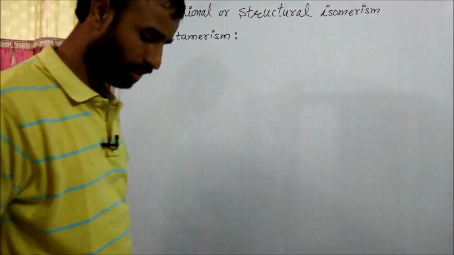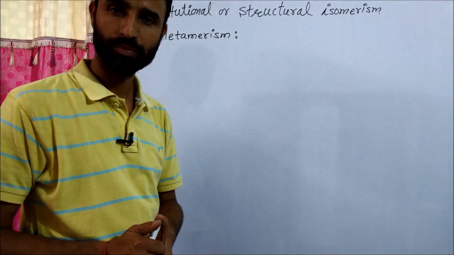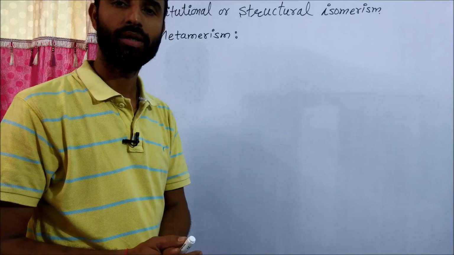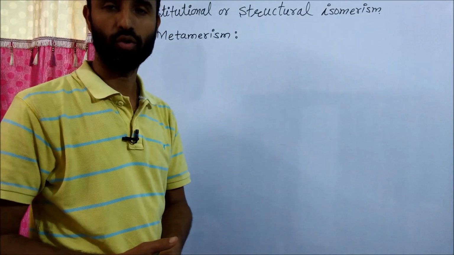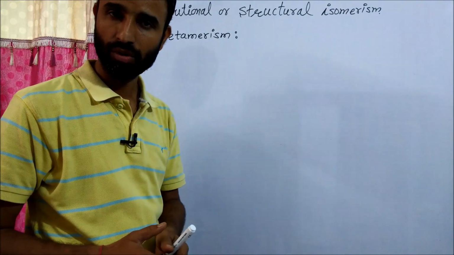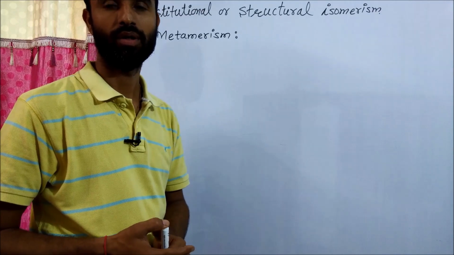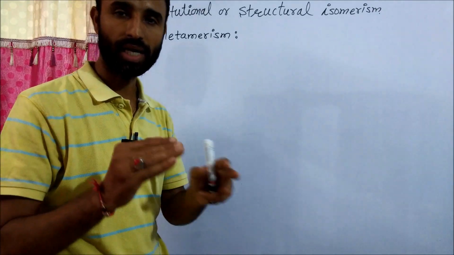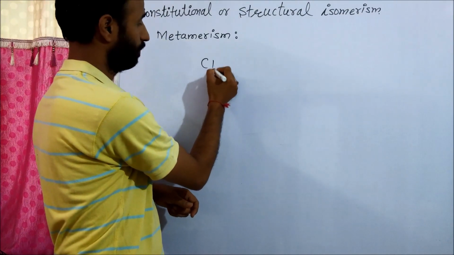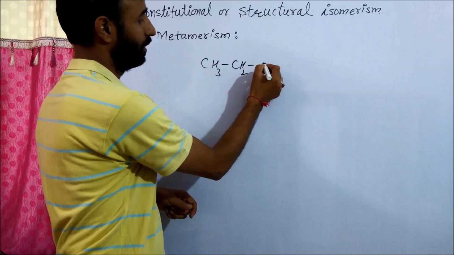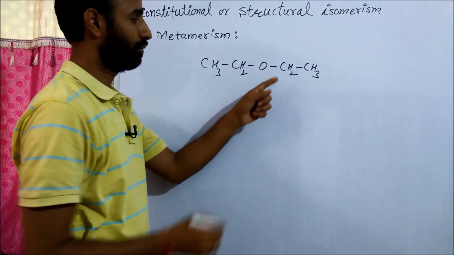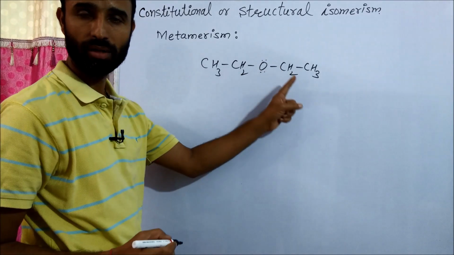Metamers, they are isomers having same molecular formula, but nature of alkyl groups attached to the polyvalent atom or functional group are different. Means alkyl groups attached to the polyvalent atoms are different. For example, in ether, so you know, ether means if O is in between two carbon atoms.